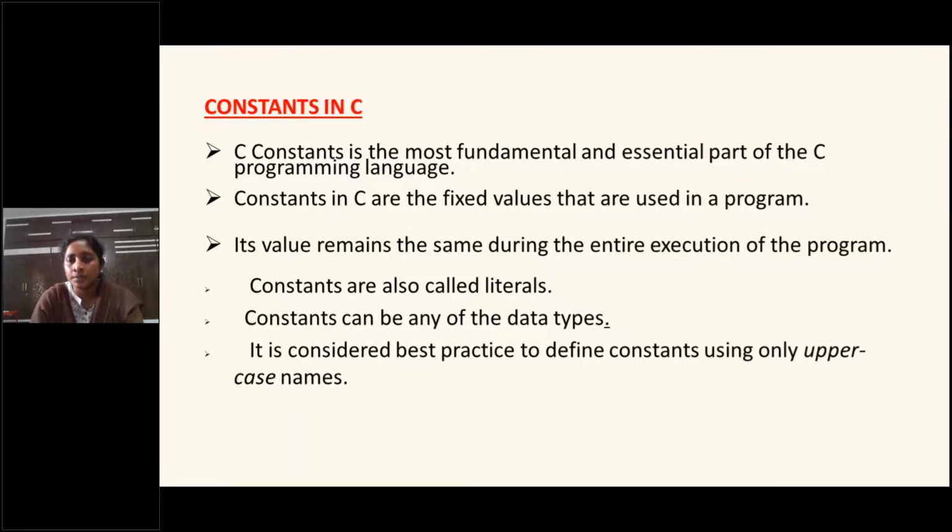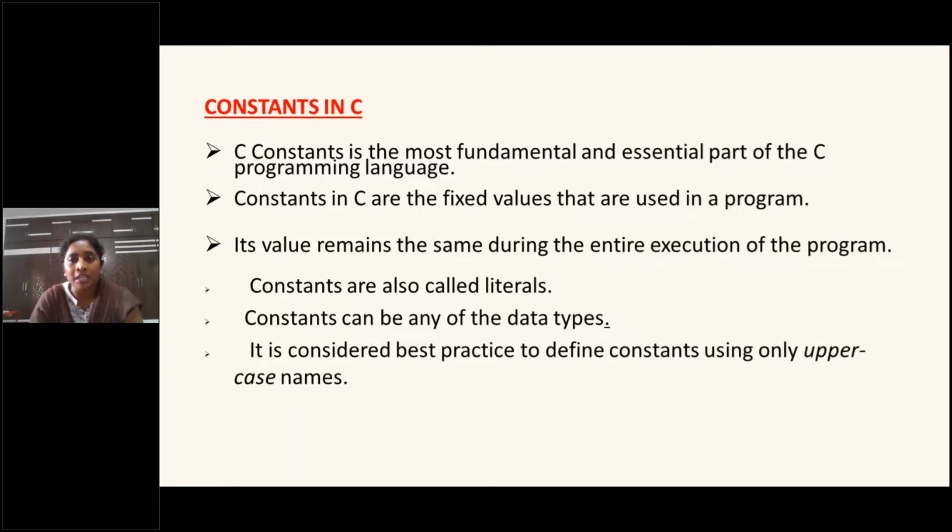The first way is using the definition section, which is hash define, space, symbolic name, space, symbolic value. And the second way of fixing constants in a C program is using the keyword const, const space data type name is equal to value followed by semicolon. So this is the syntax and these are the ways of fixing constants in your C program.